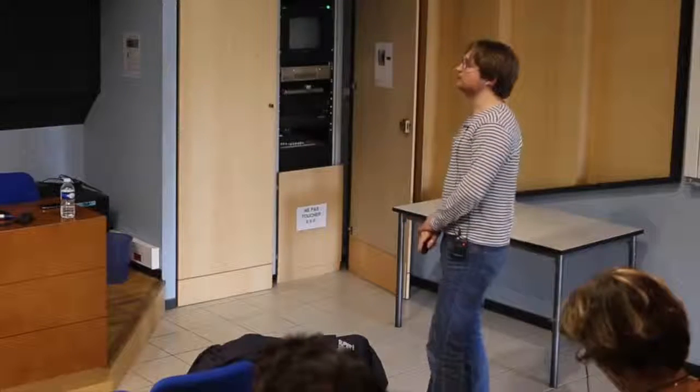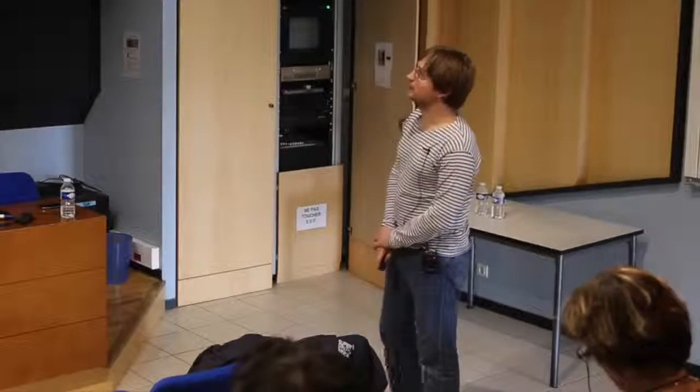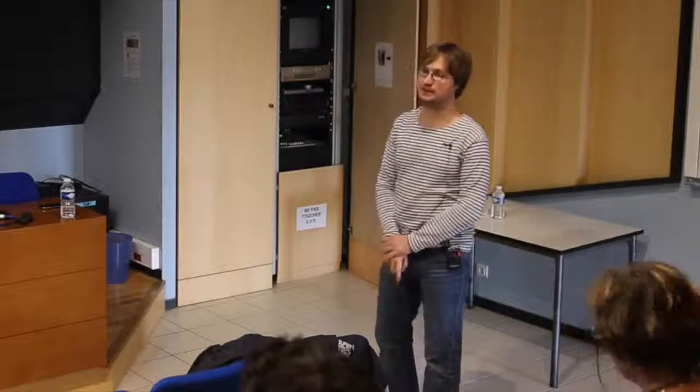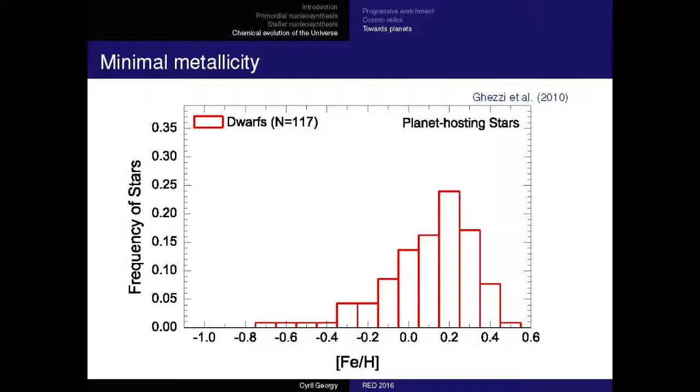There is also an interesting point: to produce planets, it seems that we need a minimal metallicity as well. So here again, the metallicity distribution of stars that host a planet. You can see that most of them are around solar or above, and very few go to lower metallicity. So it means that to build planets around a star, maybe we need a minimal metallicity for the star.